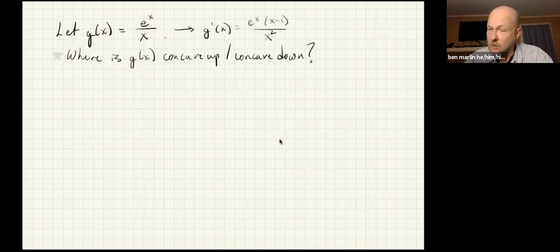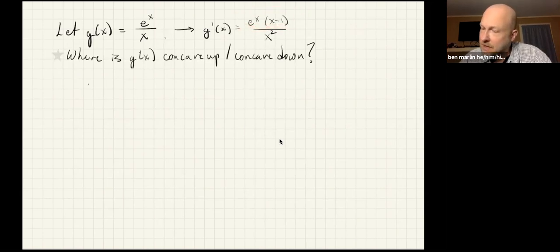So now we're going to look at what to do for concave up, concave down. Now, this gets a little bit convoluted because of the fact that our numerator is not just a single term this time.